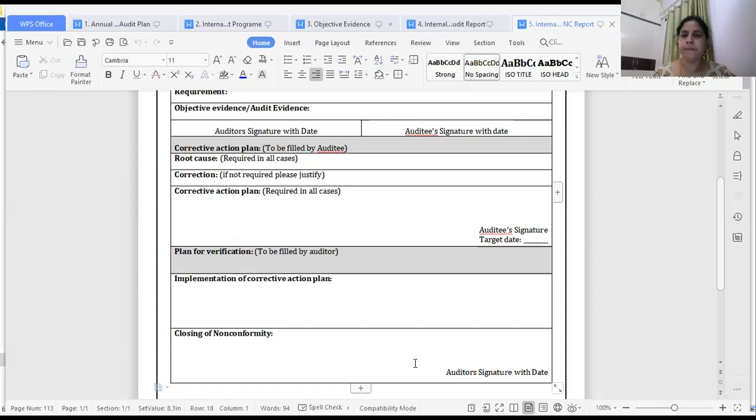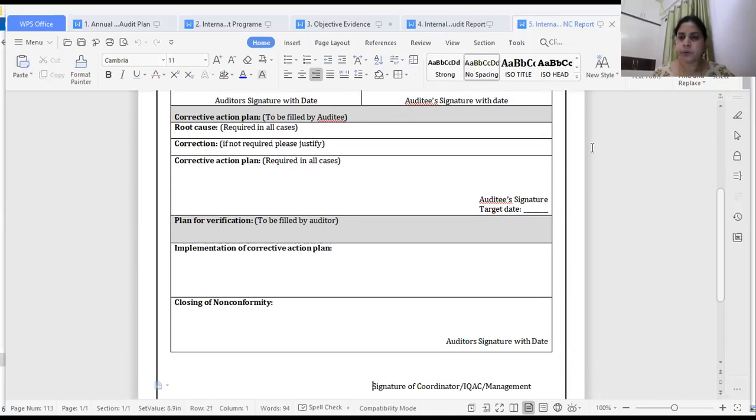And here the auditor says that after the verification, the non-conformance is closed on this particular day and the plan of action will continue from here. There, your non-conformance will be closed. Once you write a non-conformance, you cannot leave it like that in between.